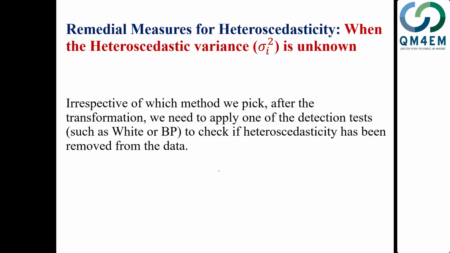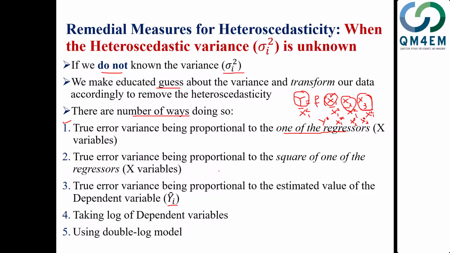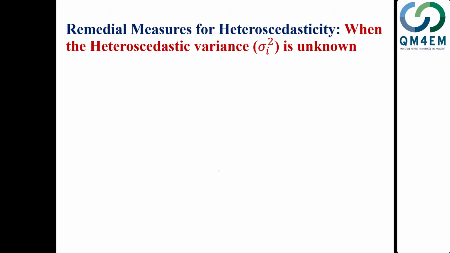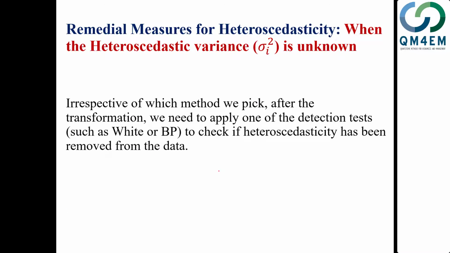In plain simple words, once you apply one of these five transformation methods I showed you on the previous slide and re-estimate the model, you shouldn't trust your result that the data is now homoscedastic until you reapply the White or BP test and make sure that now your data is homoscedastic.